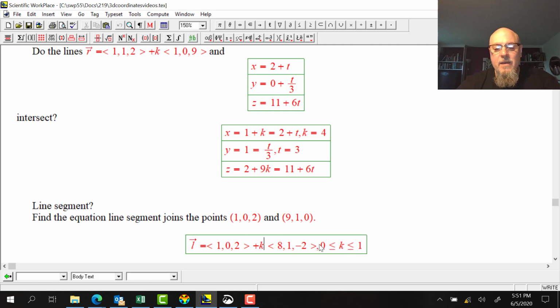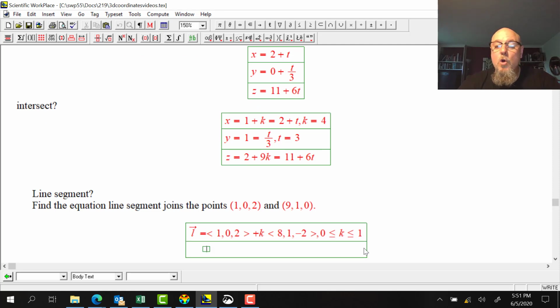So making a line segment is just like making... well, it's this point plus the direction vector. Or, another way, if you want to think of it as a weighted average of the 2 vectors, another way to do it. So this is the answer to the question. That is the line segment.